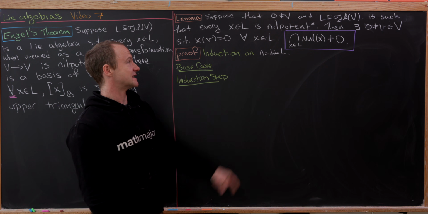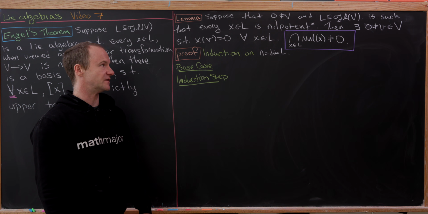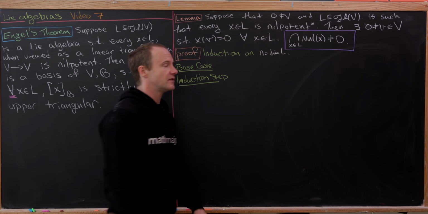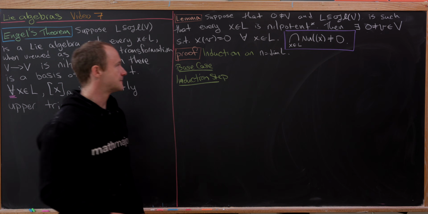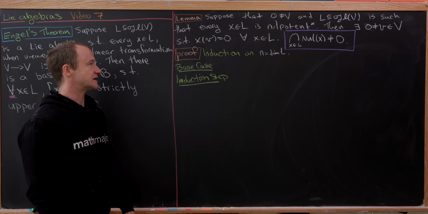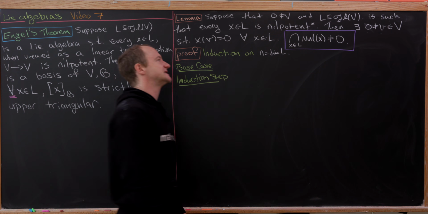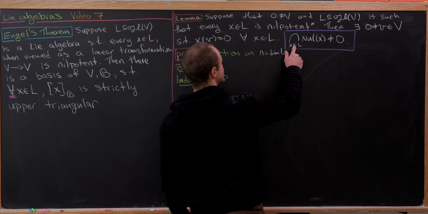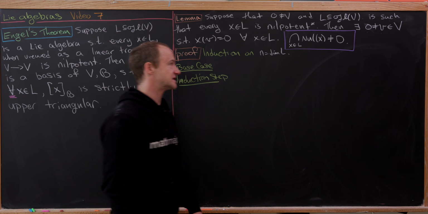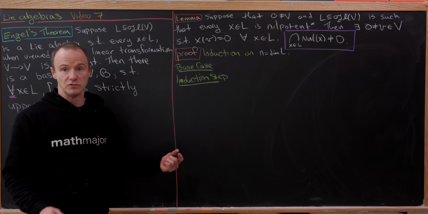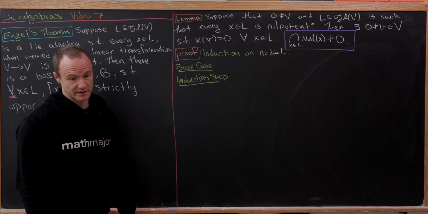So every x in L is nilpotent as a linear transformation from V to V. Then the result is that we've got a non-zero vector V inside of V such that x of V is equal to 0 for all x in L. But notice that can be restated as the intersection over all x in L of the null space of x is non-zero. So in other words, the kernel, if you want to think about it like that.